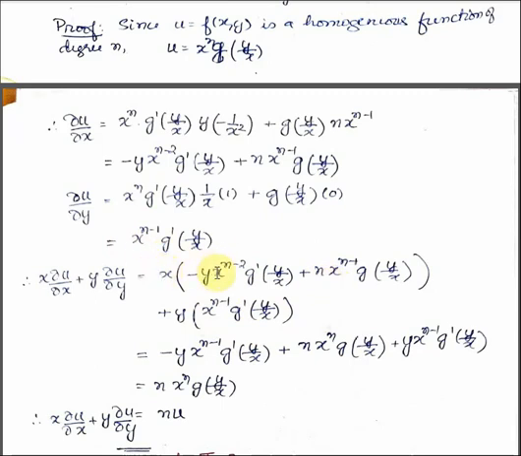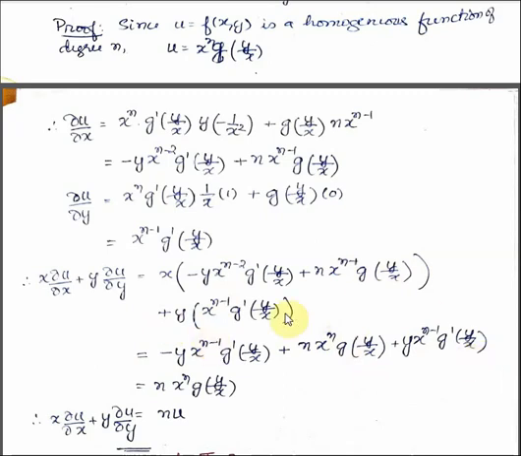X into x power n minus 2, one more x is there, therefore n minus 2 becomes n minus 1. Minus y is as it is, minus y into x power n minus 1 into g dash of y by x, plus n into x and x power n minus 1 becomes x power n into g of y by x, plus y into x power n minus 1 into g dash of y by x.